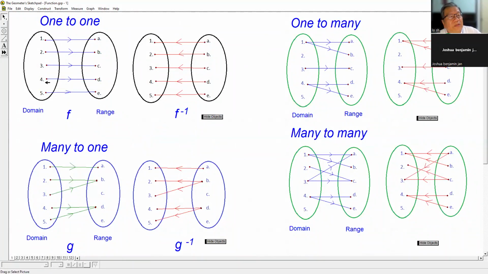We have one set of numbers here and another set of numbers here. If we plot them on a graph paper, this set of numbers is represented by x. This set of numbers here, the range, is actually represented by y. In graphical form, these numbers here are actually x, and these numbers here are actually y.